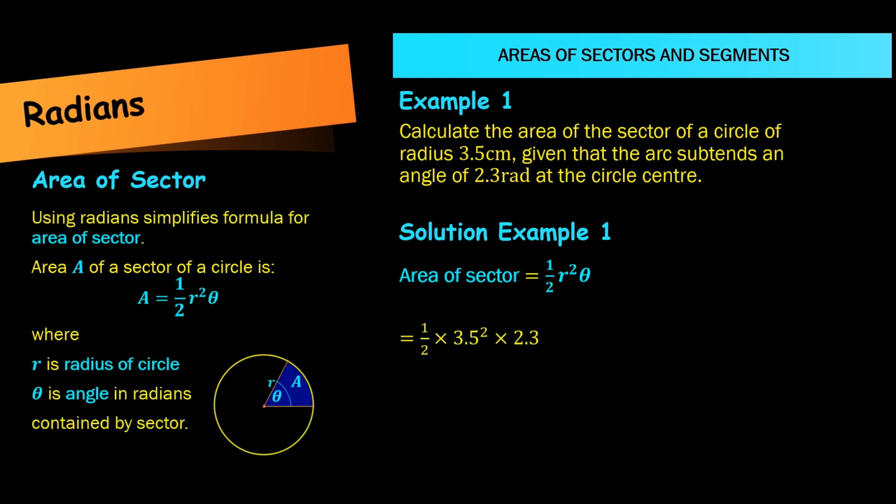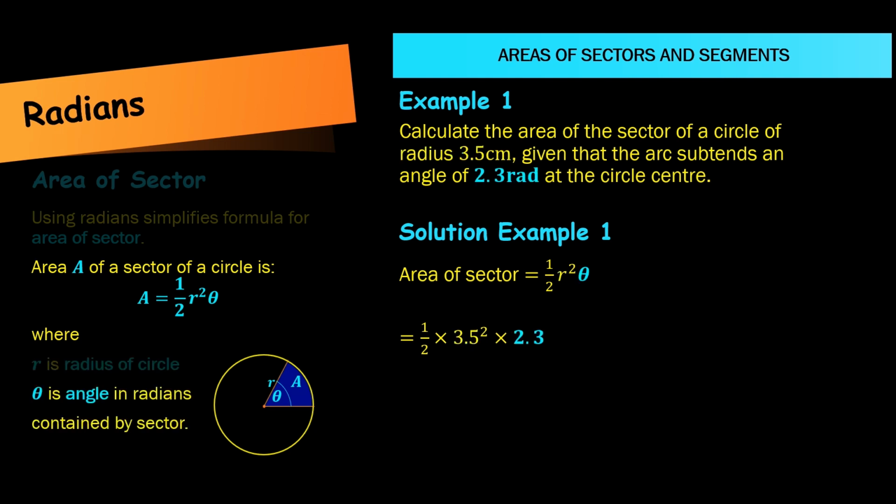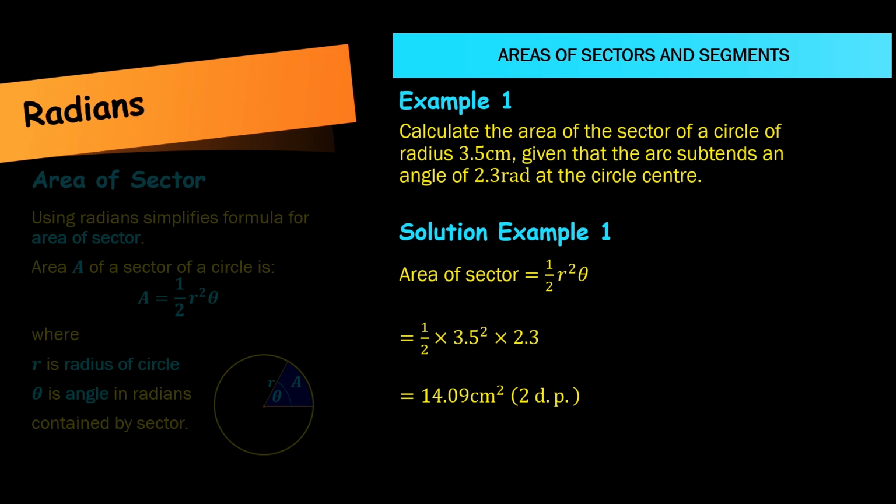So if we substitute in the values, namely radius equals 3.5 centimeters, or r equals 3.5, and theta equals 2.3 radians, we obtain that the area of the sector equals 14.09 centimeters squared to 2 decimal places.